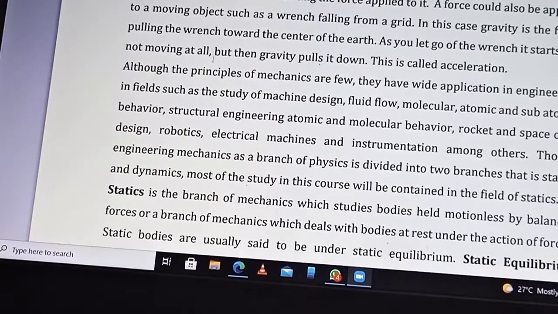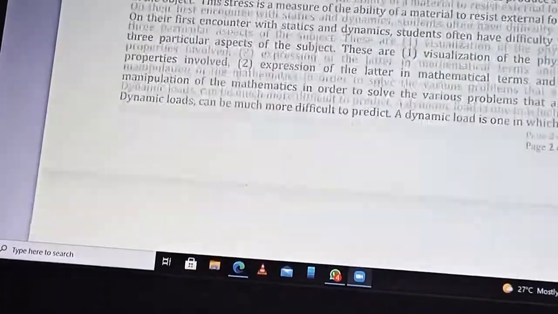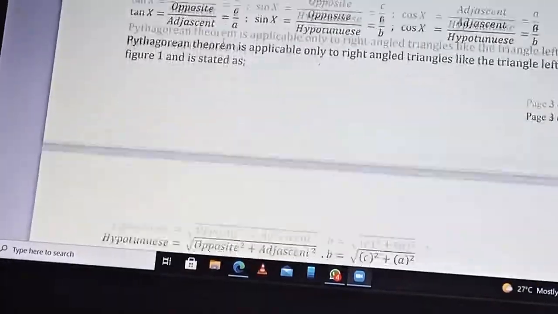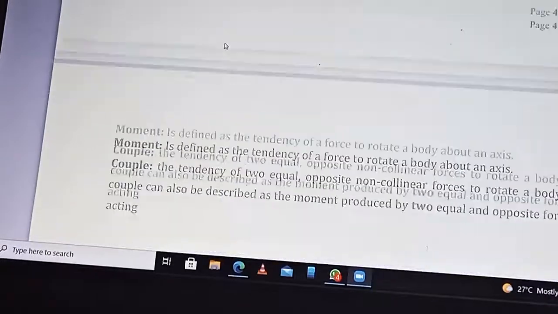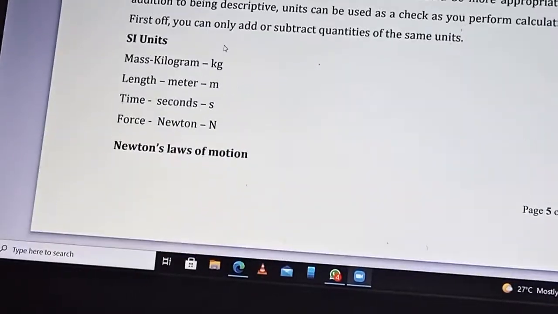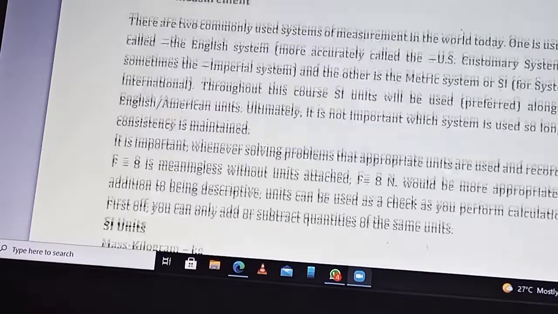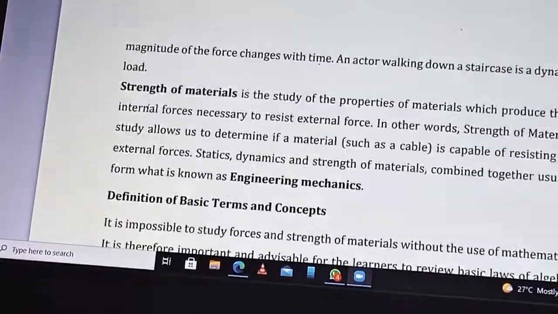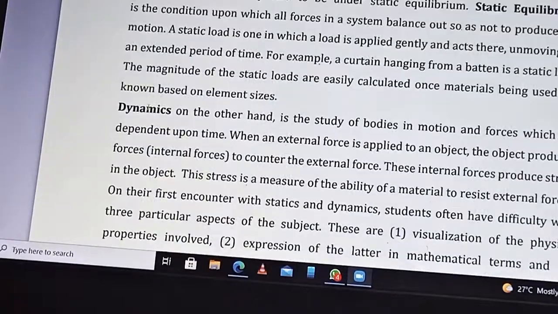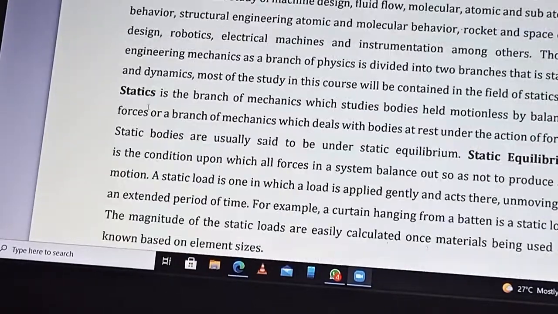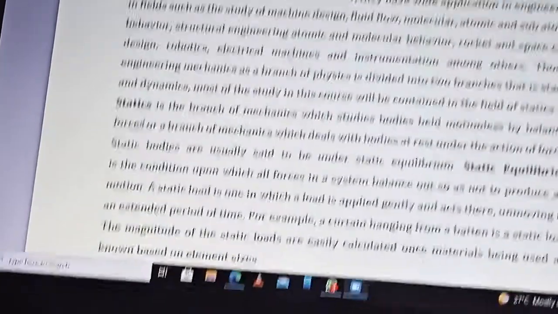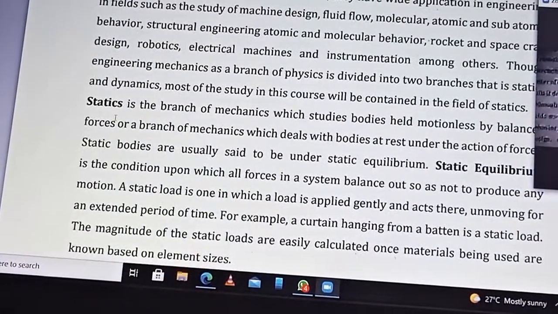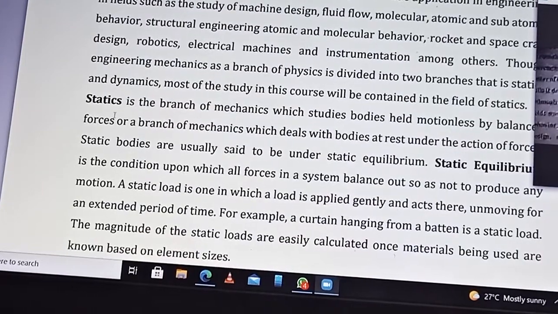The moment you do not give attention to the units, you end up with correct numerical calculations but wrong final answers, because you did not remember to standardize your units. That is why we must appreciate this in the course.